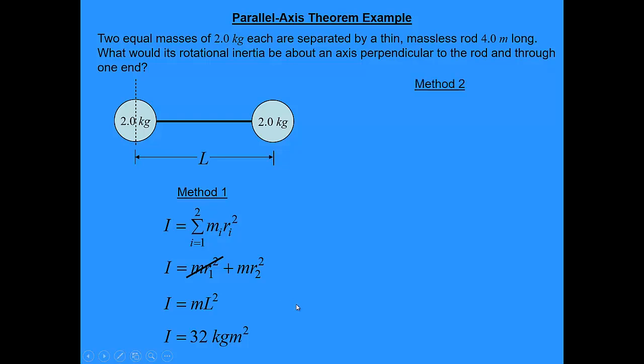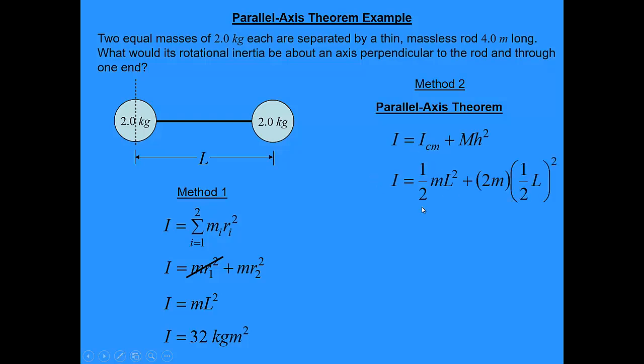But we could also use the parallel axis theorem. Now, if you look back in previous work, we found the rotational inertia about the center of mass for this very situation as being 1/2 mL squared. The total mass, capital M, is 2m, if we call that m and m.